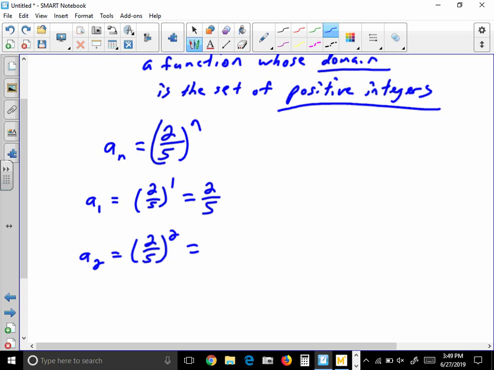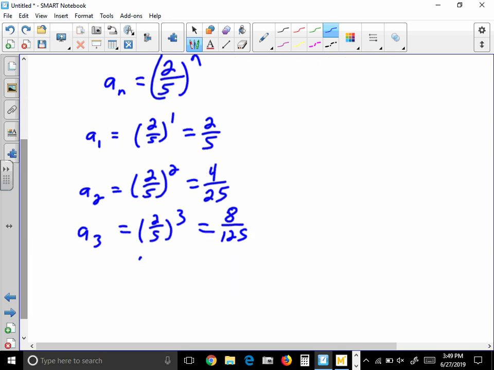Of course, remember when we raise a fraction to a power, we raise the numerator to the power and the denominator to the power. The third term in the sequence would be from taking 2/5 and raising it to the third power. So 2 to the third over 5 to the third. And of course, we could list lots and lots of terms in that sequence.